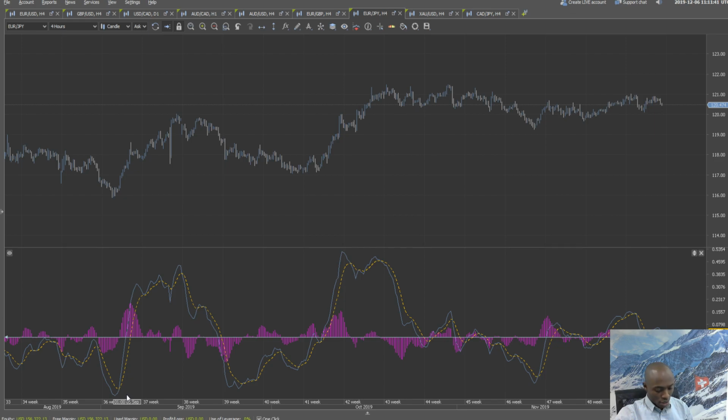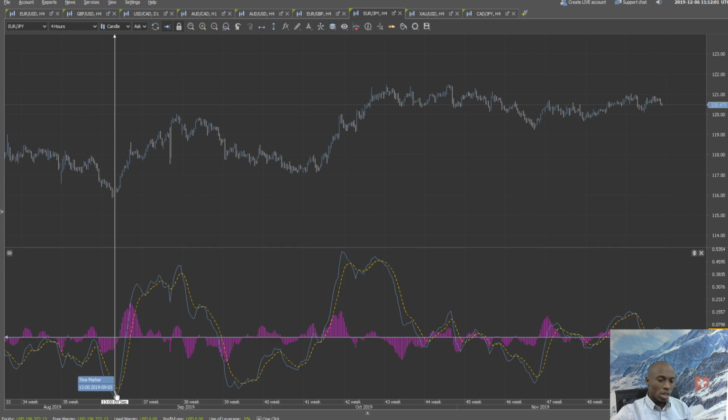When the signal line crosses the MACD line from below the zero level, you know that there's a signal for you to buy the market. This is what I'm talking about.